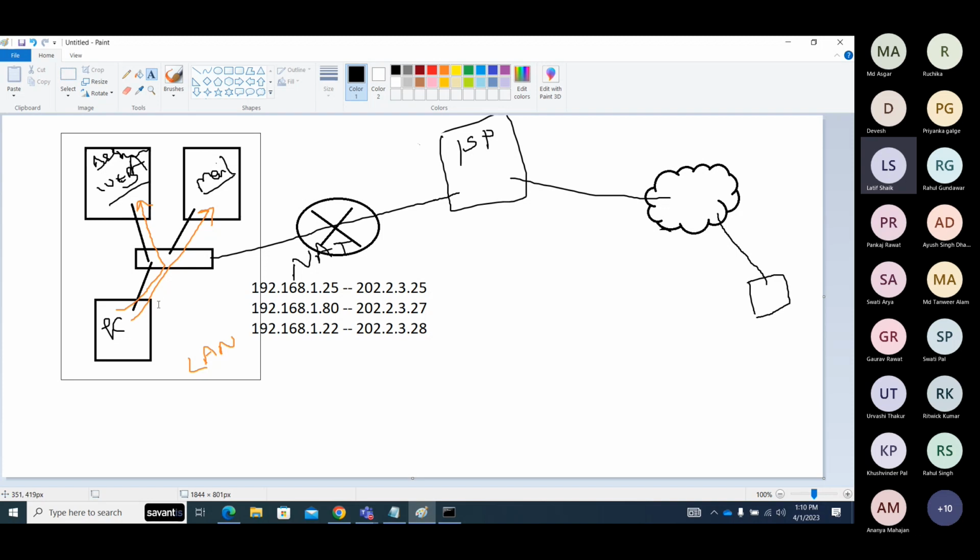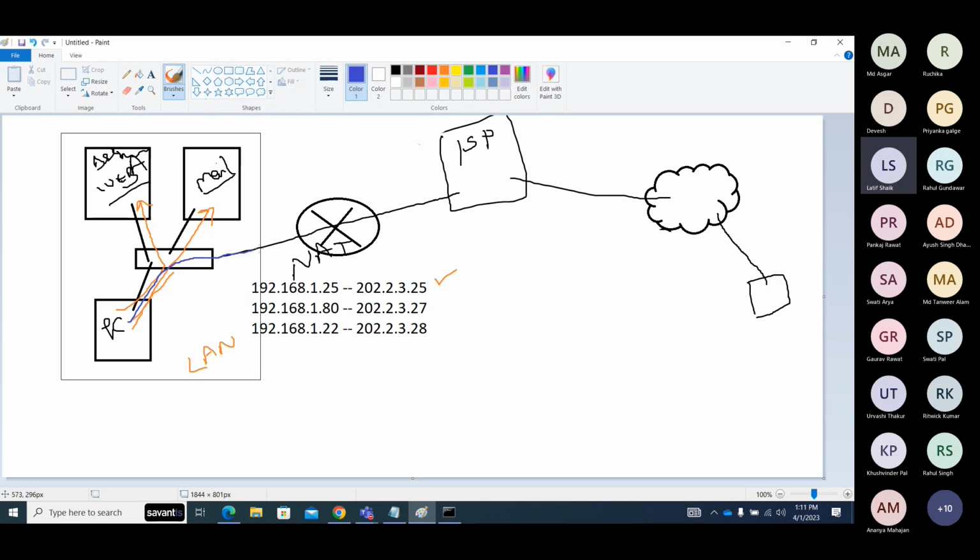Devices have their own private IP addresses, but when they communicate outside of our network, they will use this one only. I'm sending a request to outside of my network.